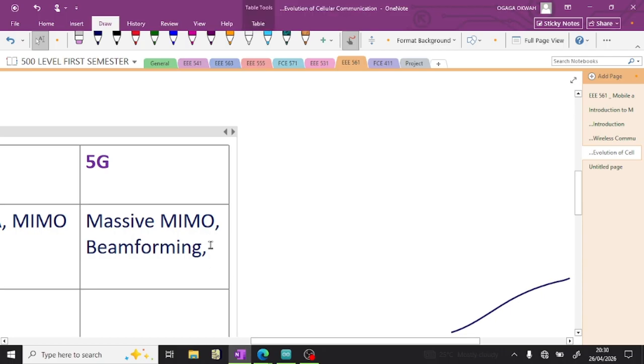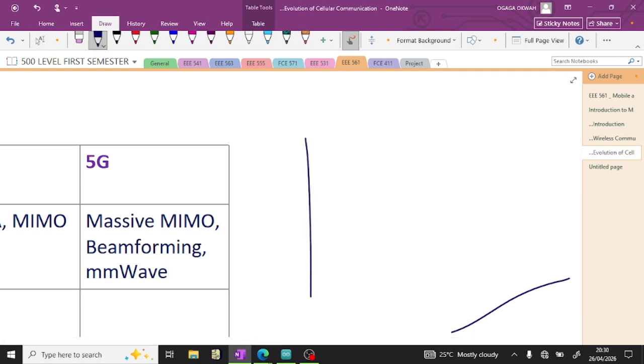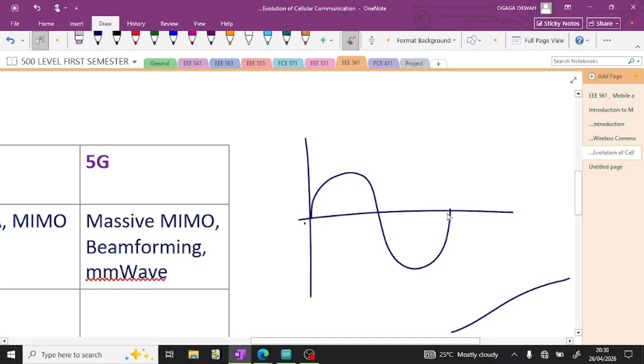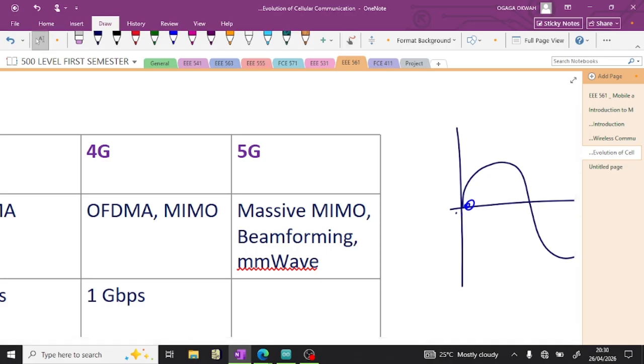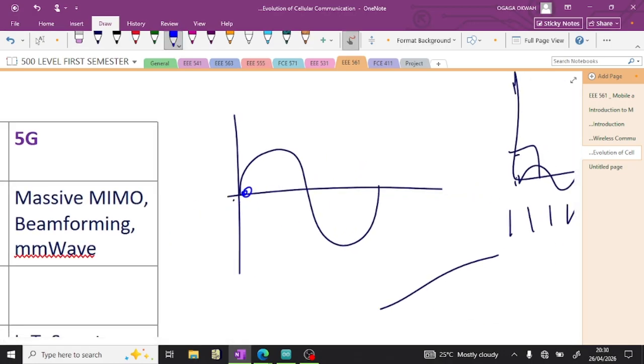Then another technique is millimeter wave. Millimeter wave means very high frequency. Remember, from this point to this point is a complete wavelength.